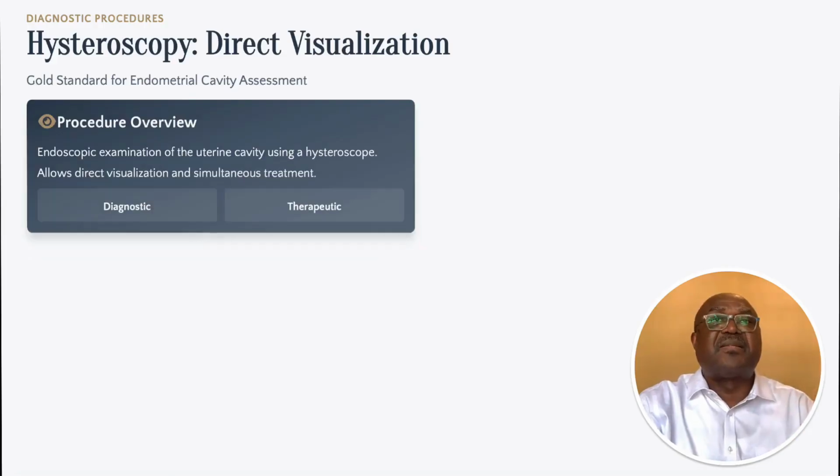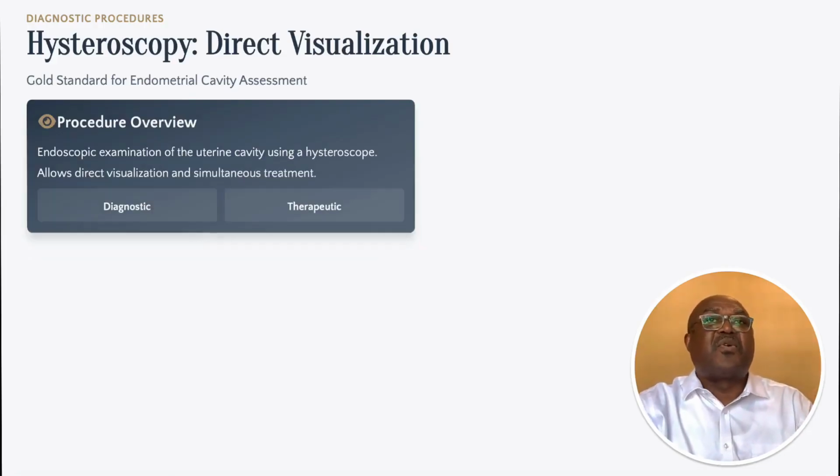Hysteroscopy. Hysteroscopy represents the gold standard for endometrial cavity assessment. This is endoscopic examination of the uterine cavity using a hysteroscope, allowing direct visualization, and also simultaneously you can do treatment.